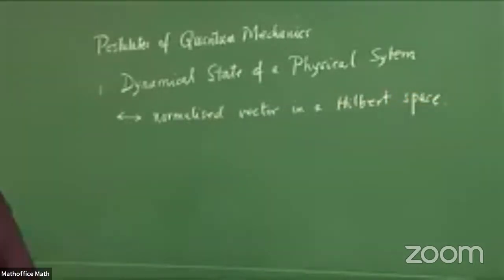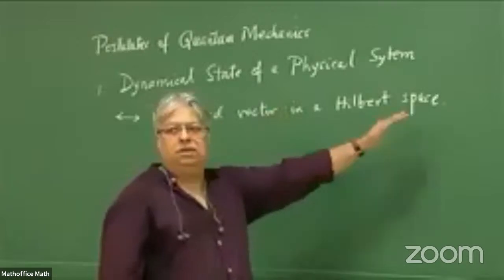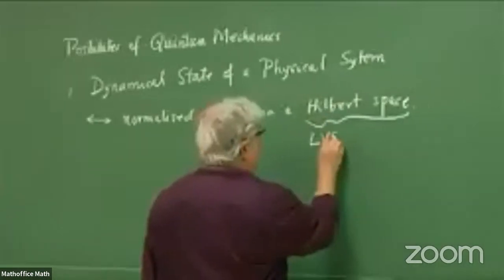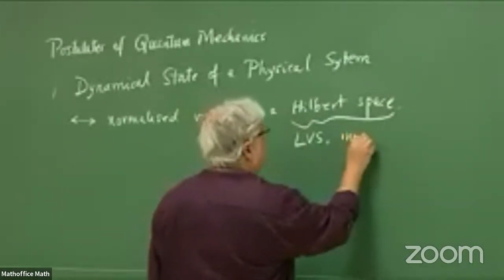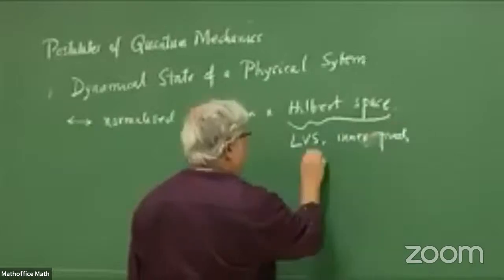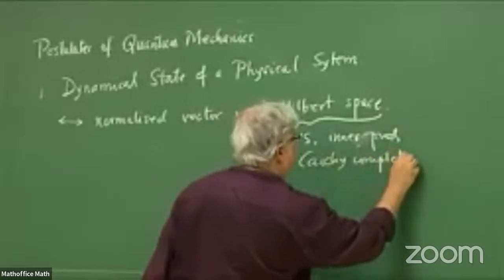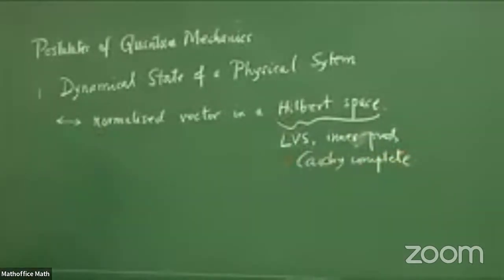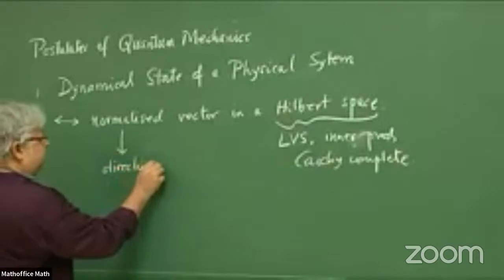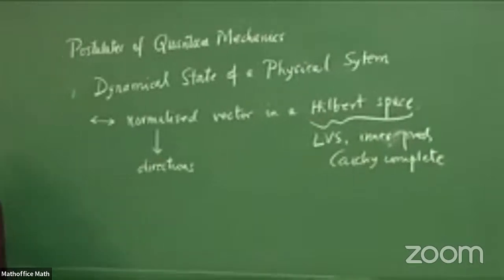So Hilbert space: linear vector space, inner product, and all Cauchy sequences lie in the space. Okay, so three things: linear vector space, inner product, Cauchy complete. And notice that I say normalized vector. So if you want a geometric picture, it only means that only the directions in the Hilbert space correspond to physical states. So that's where we start from.